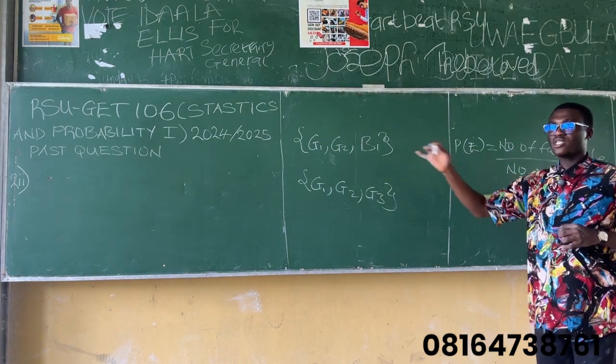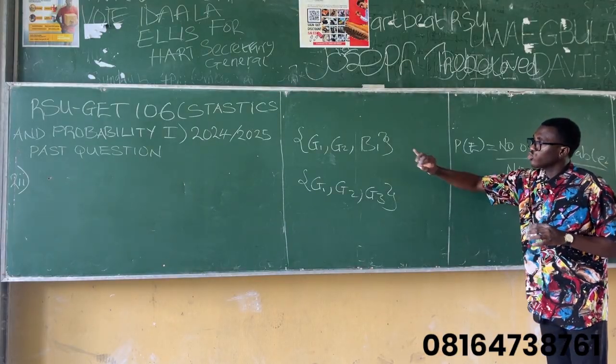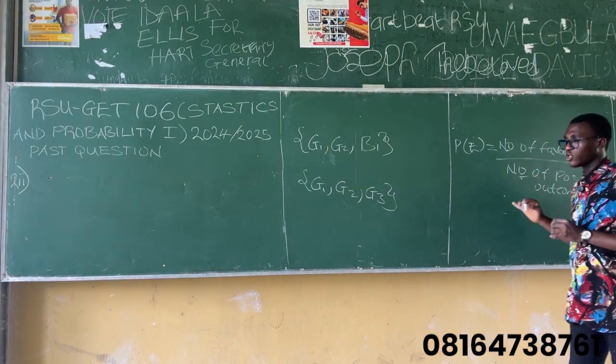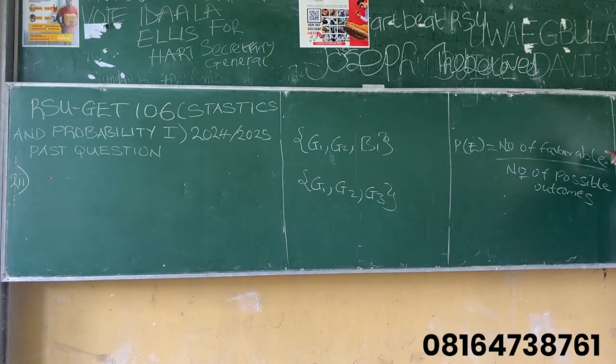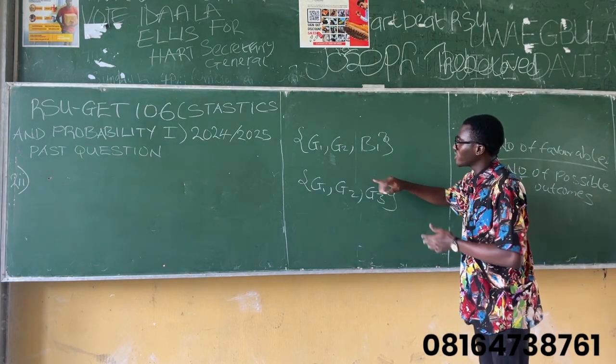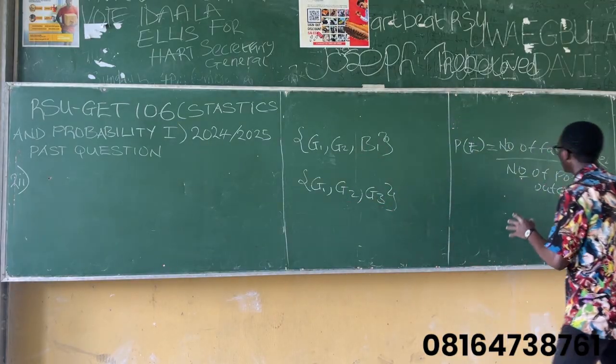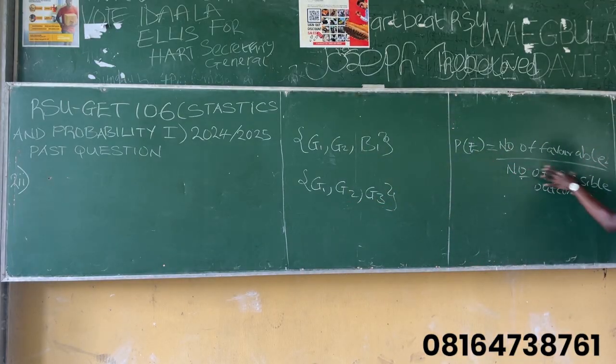Now, if you had counted it when we outlined the sample space, you would see that the total number of sample points there number to 20. So you'd find the number of favorable outcomes, which is how many of the sample points having 2 girls and 1 boy, or 3 girls completely, and you would add them up, then divide by the total number of possible outcomes, which is the entire sample space.